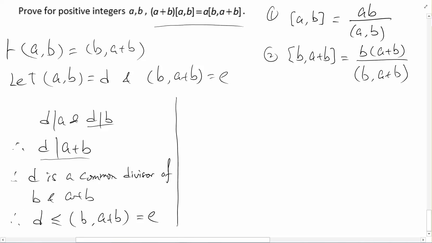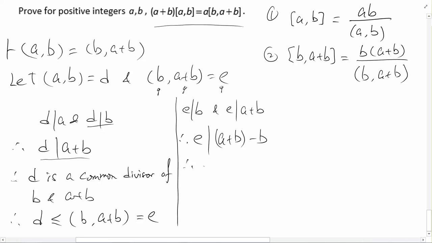And on the other hand, because e is a divisor of b, e divides b, and also e divides a plus b, and so e divides any linear combination of b and a plus b. And here we choose the linear combination a plus b minus b. This is a linear combination of a plus b and b.